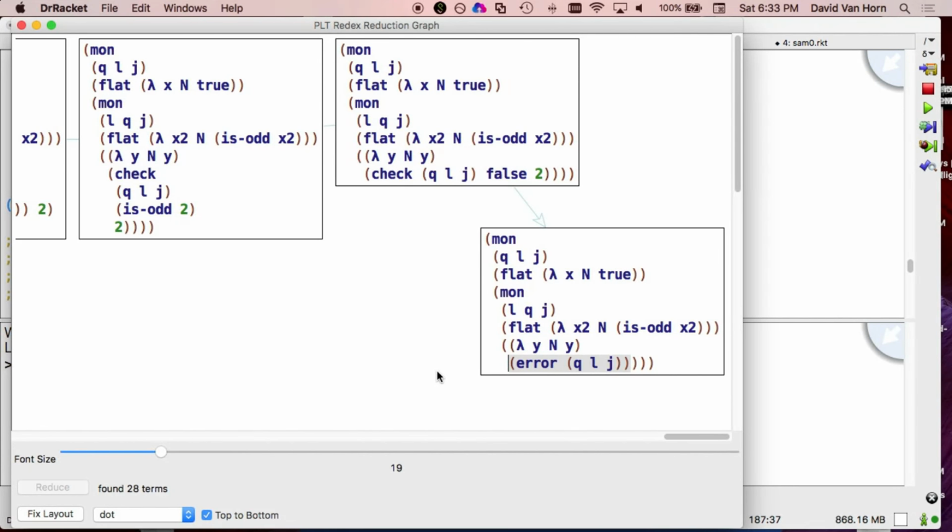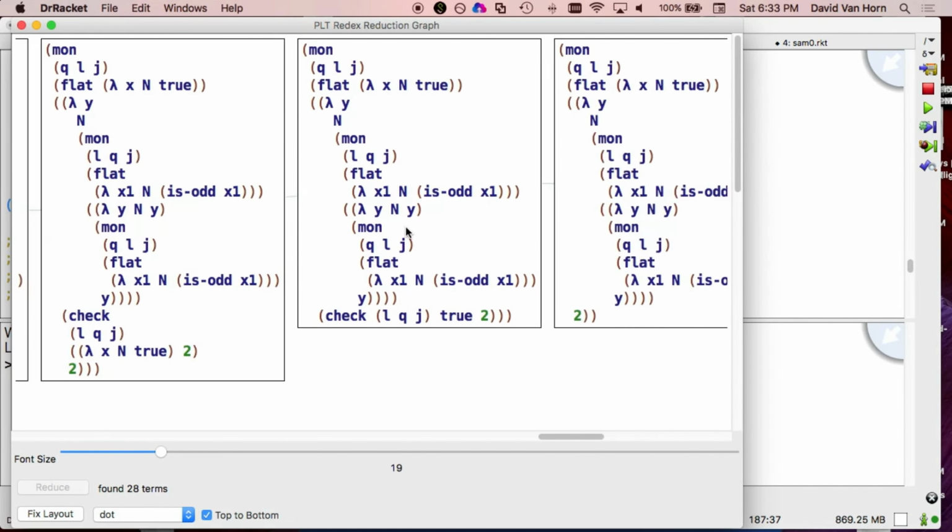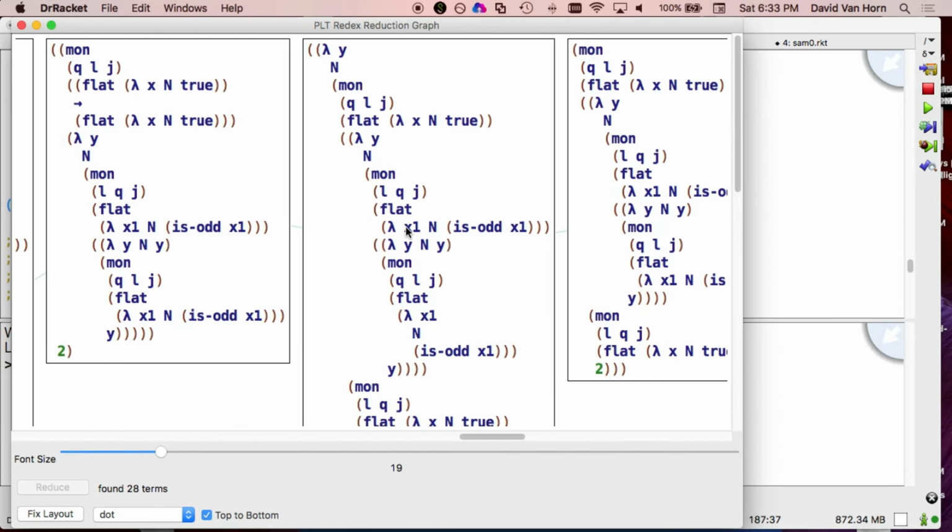Like I said, when you have an error, you blame the first party listed here, which is Q, which is what Sam conjectured. That's the party that should be blamed, and we can confirm it without getting tangled up or doing the reductions in the wrong order or anything like that.